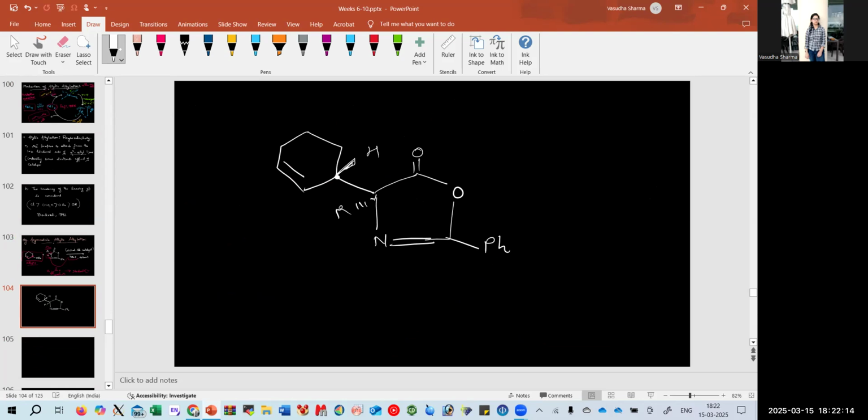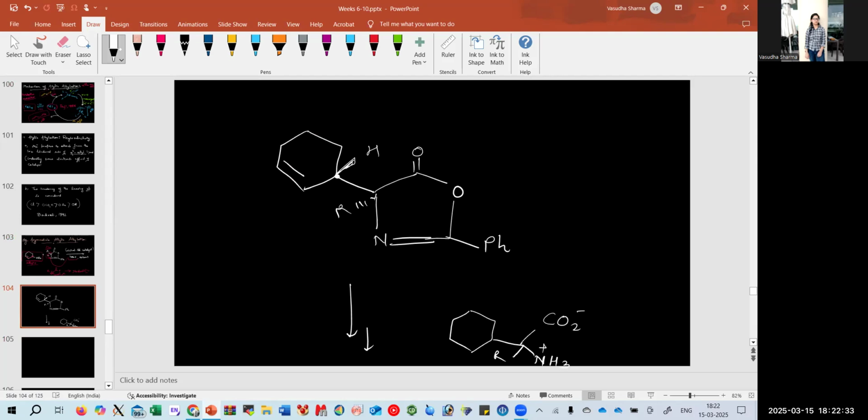So this is your product, followed by the rearrangements. Upon further reaction, it can also make a group this way, where you have NH3 and CO2. So this is one such example.